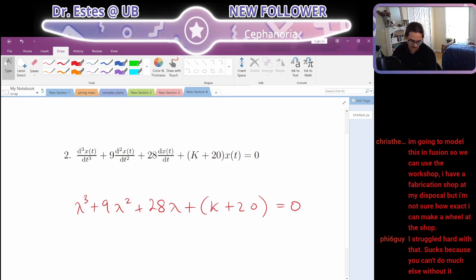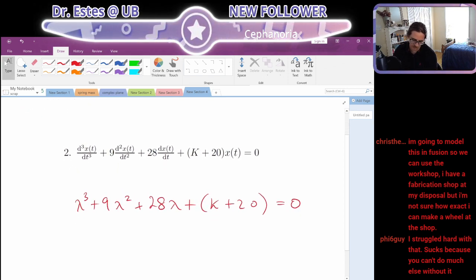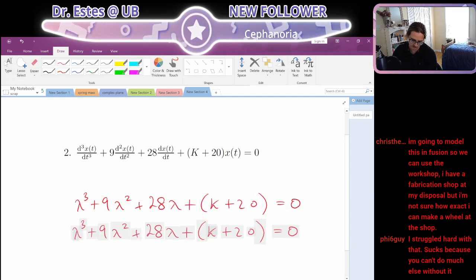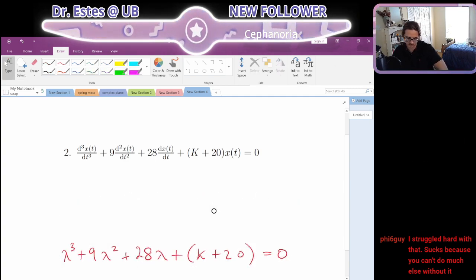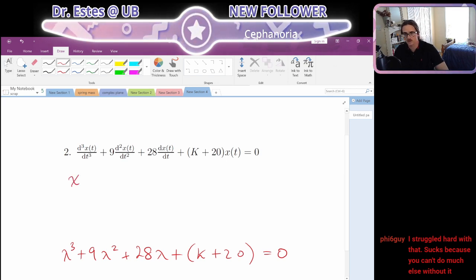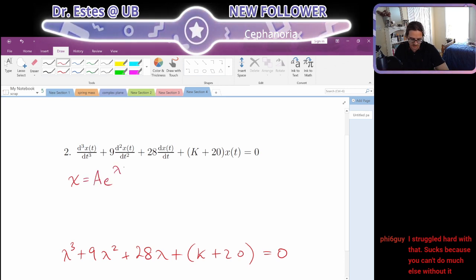Yeah, I hear you. So, the way you get the characteristic equation is... We know that the homogeneous solution has a general form that looks like this.